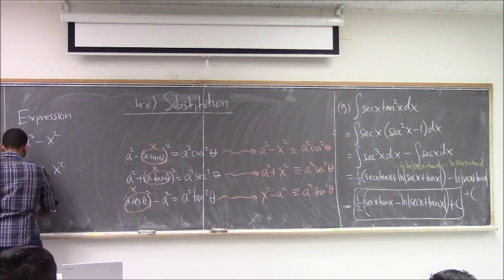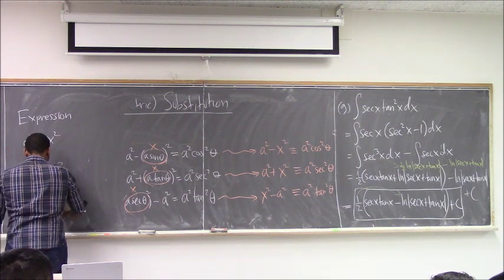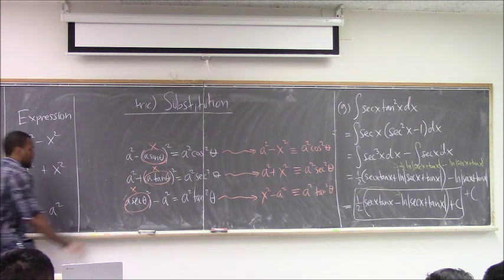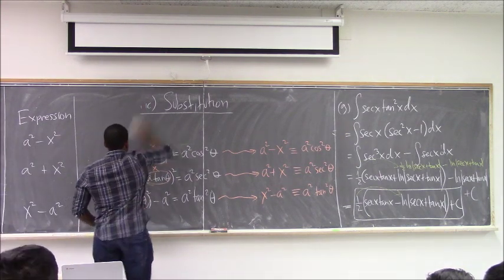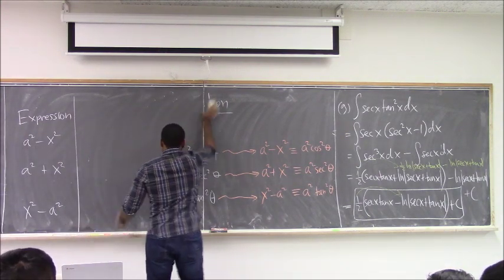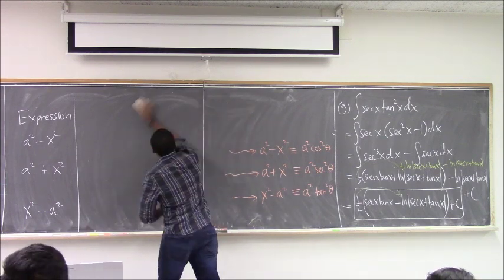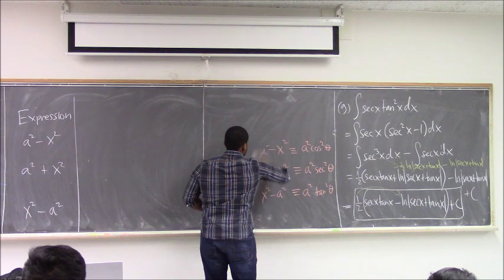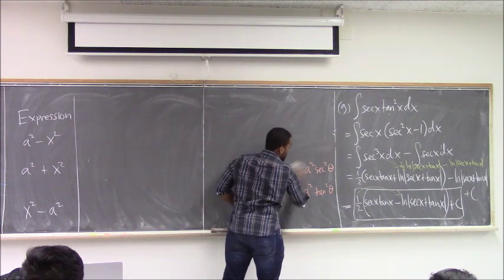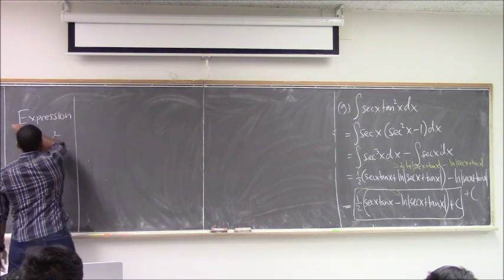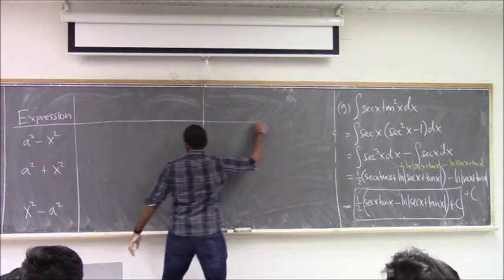And another one is going to be the x squared minus a squared. So these three expressions are going to be very dear and near to us right now. They are going to be things that your eyes should be tweaked in looking for. Like the difference and the sum of squares, where one part is a constant and the other part is a variable. So these are the important expressions.